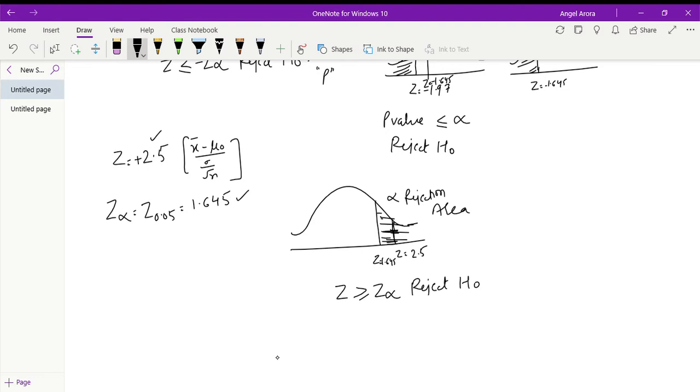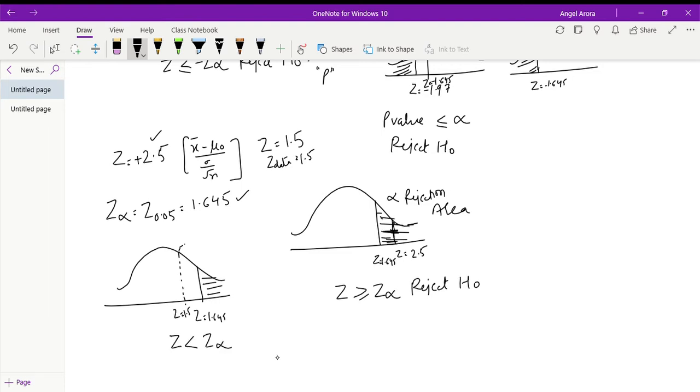Take another example. Suppose the Z test statistic value is 1.5. Z alpha was 1.645, so this was the rejection area, and 1.5 comes here. So this does not fall in the rejection area, or we can say that Z is less than Z alpha.